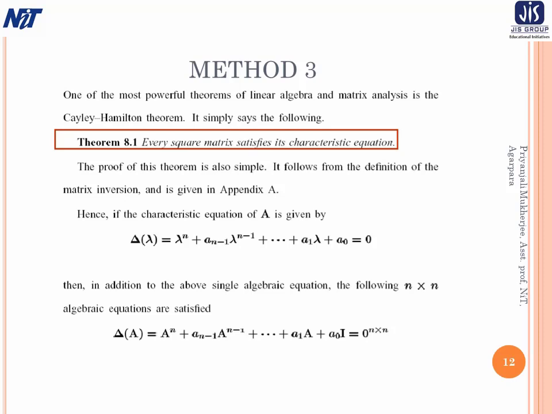That means if we consider any characteristic equation, then we can replace the s square or s cube term by the matrix itself. That means we can replace that s by the system matrix A.